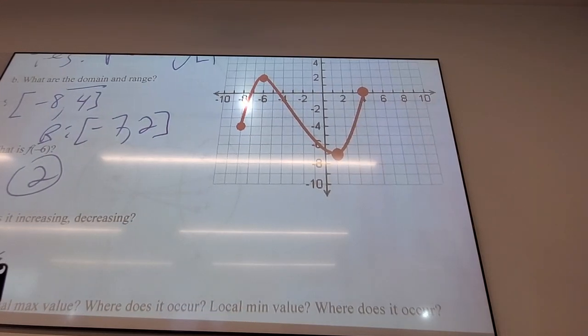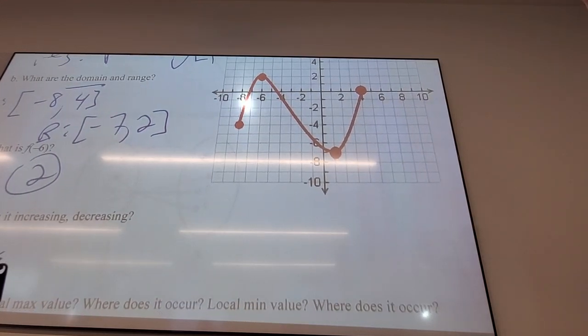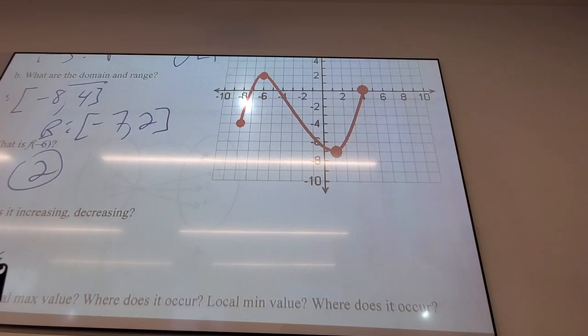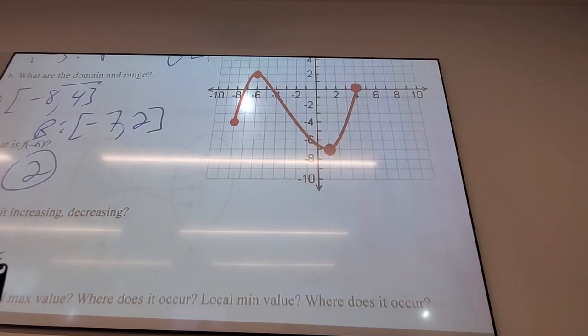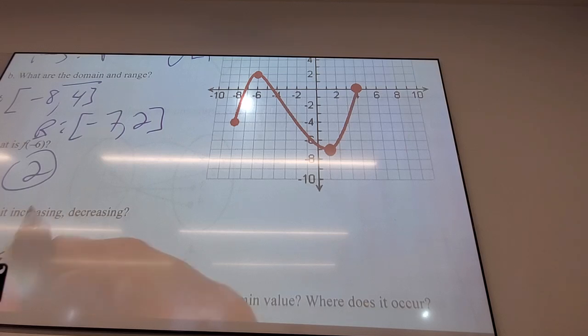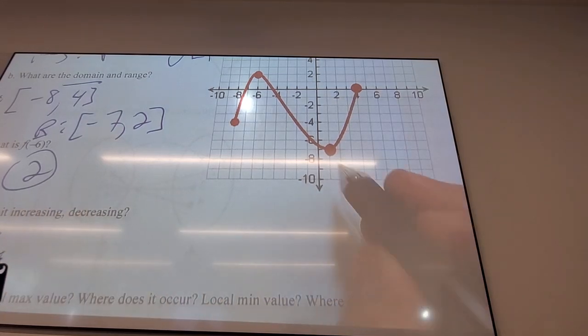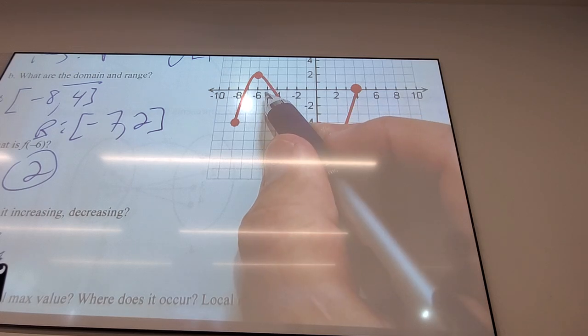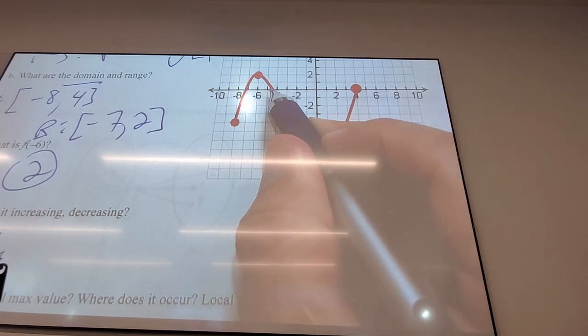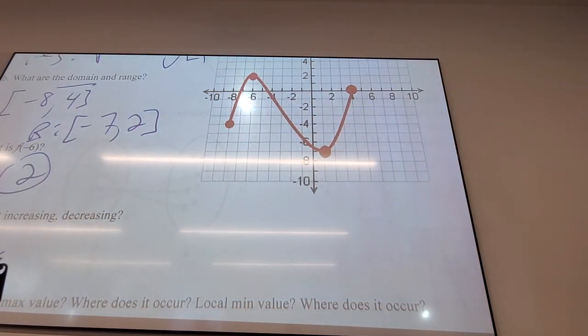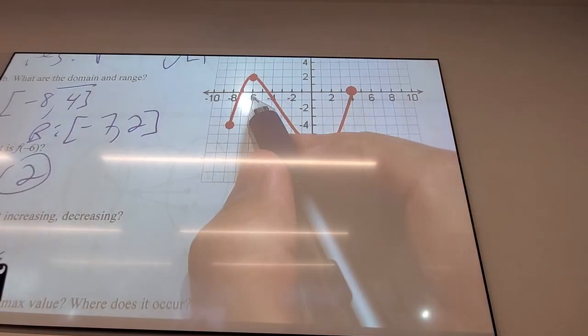When I say where, that's x values. So where is this increasing? So where did it start to increase? -8, and it stopped increasing at -6. Good. So from -8 to -6 on that interval, it was increasing. What's it doing at -6?